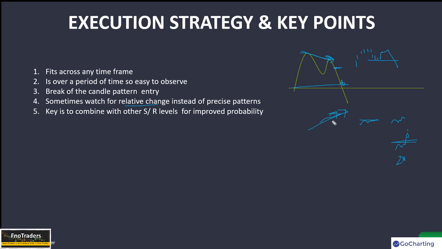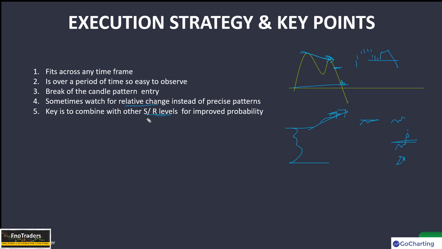The other important thing is to combine with other support resistance levels. For example, your pivot support resistance, previous highs. If you're following volume profile, then profile highs and lows. It is important to combine with those levels, and the probability of results and profitability increases.